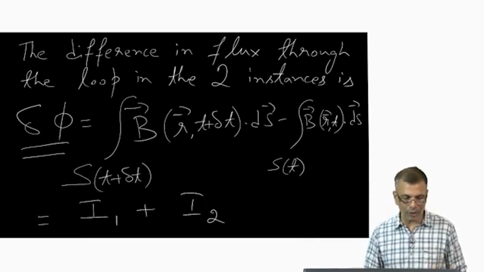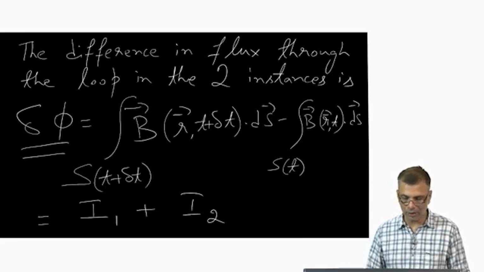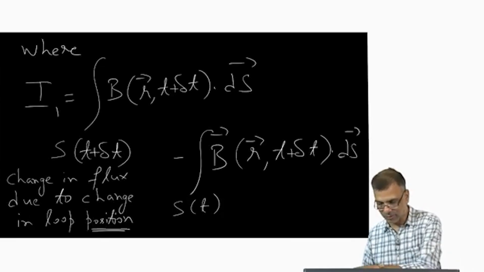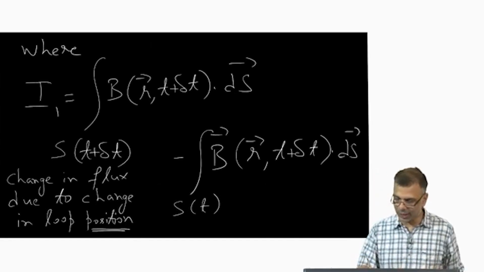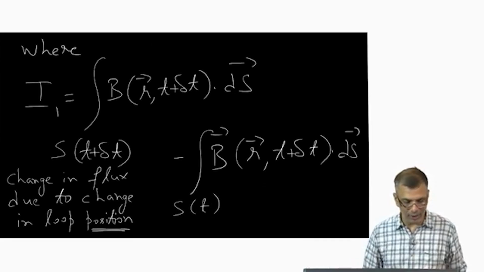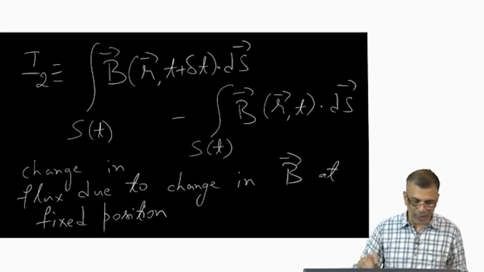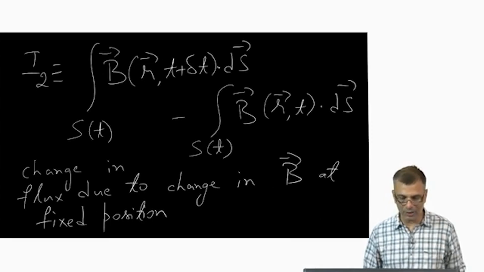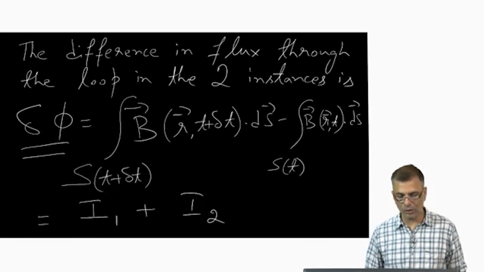If you look at I1, this is the first chunk here, and the second chunk is this. Whereas in I2 you will see that this exact chunk has a positive sign. So when you add up I1 and I2, this term vanishes, and all you are left with is this and this, which gives you what you wanted.